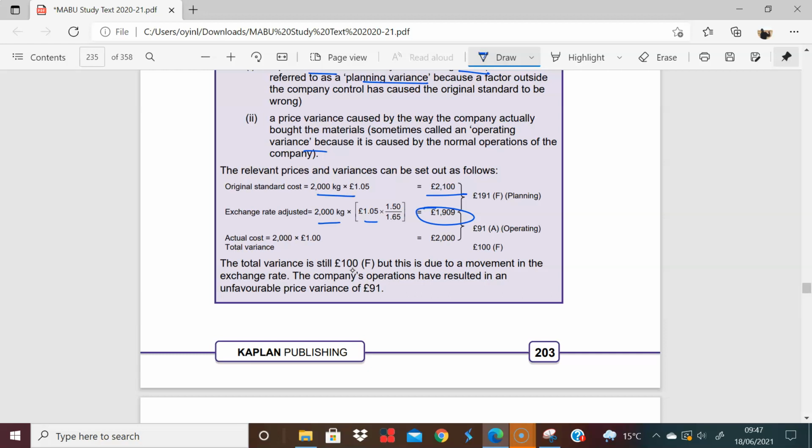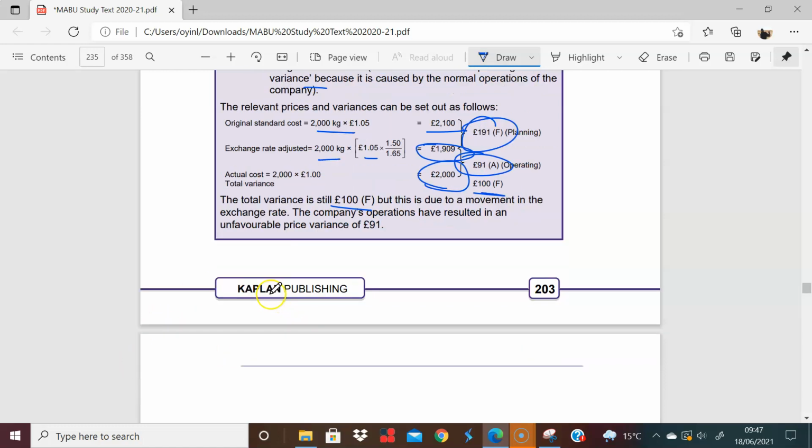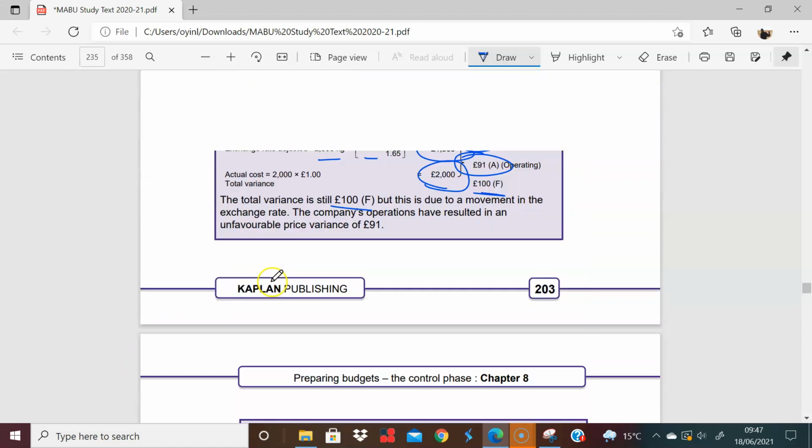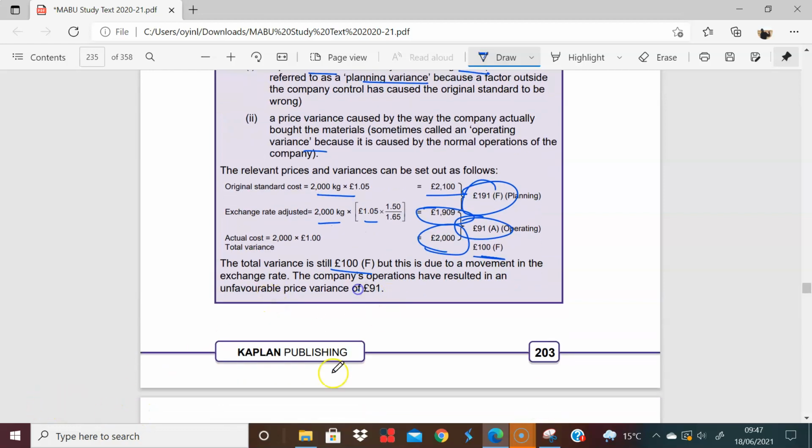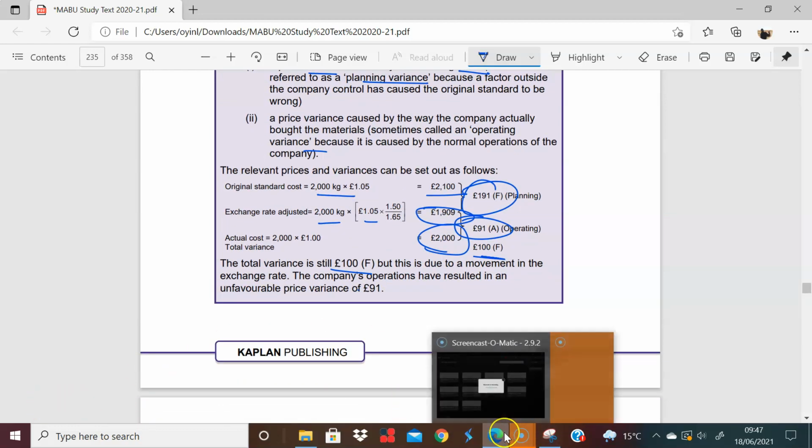Then this is the actual cost, and you can see you have a favorable variance in the end. So there we are. Total variance is 100 favorable, but of course that's made up of 191 favorable and 91 adverse. Cool, great stuff. We'll carry on. I'll just pause to set that up for the next part.